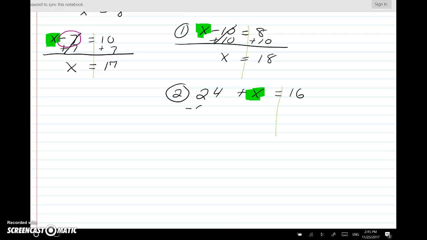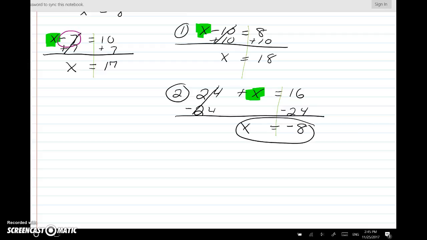To subtract 24, remember if there's no sign, it's really a positive. Minus 24. My 24's turn to be zeros. I don't have to write them. Equals 16 minus 24 is negative 8. So here x equals negative 8.